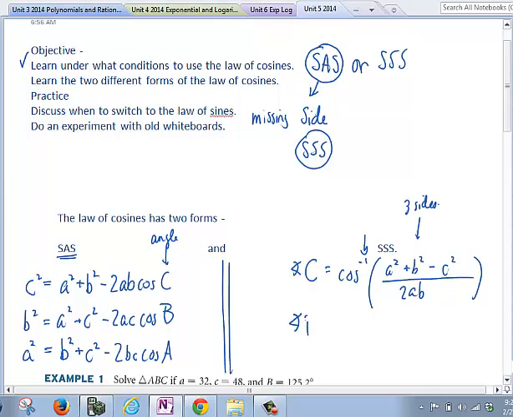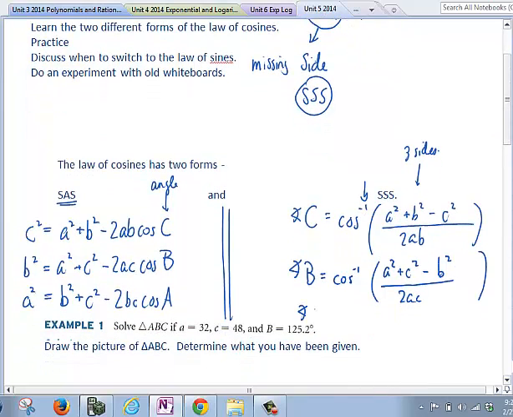If you're looking for angle B, that would be written as inverse cosine of a squared plus c squared minus side b squared all over 2ac. And the last one, if you're looking for angle A, that would be inverse cosine of b squared plus c squared minus a squared all over 2bc.